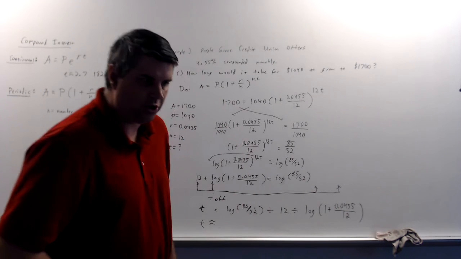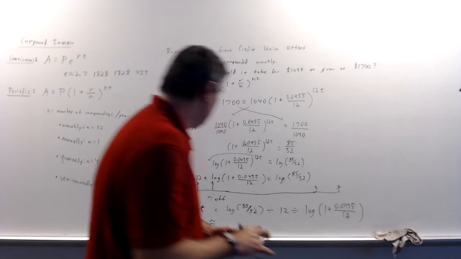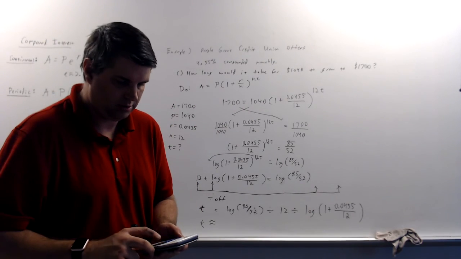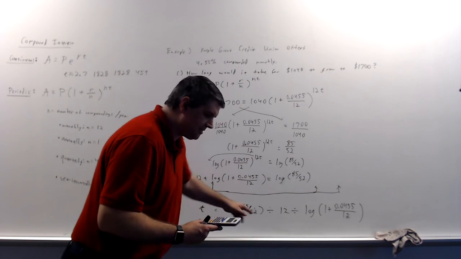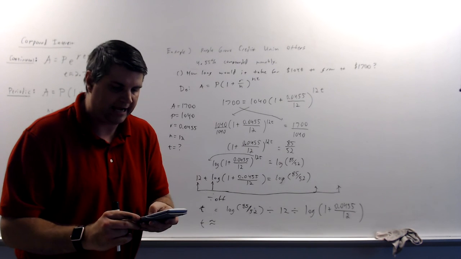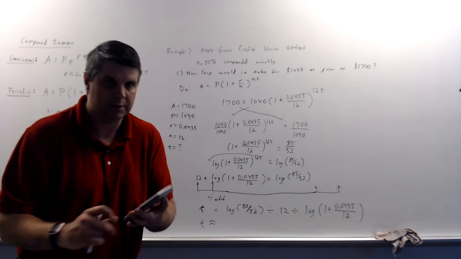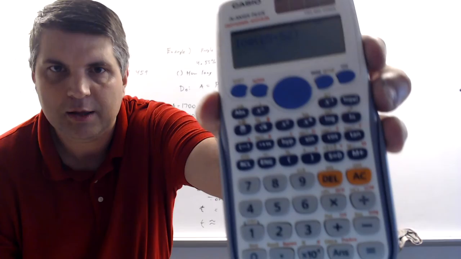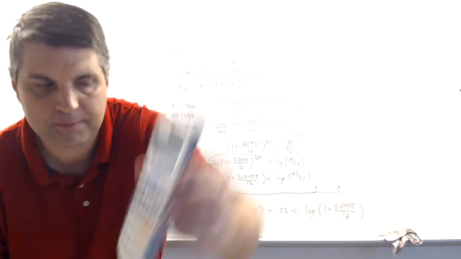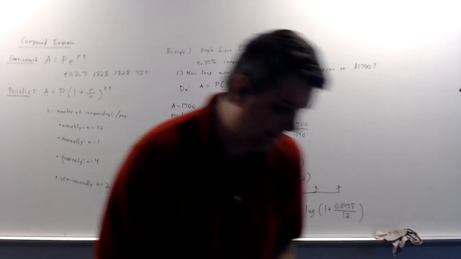All right, so let's do this. Common log of parenthesis. Make sure you got a parenthesis. 85 division or fraction bar 52. That's one possibility. Here's something else.